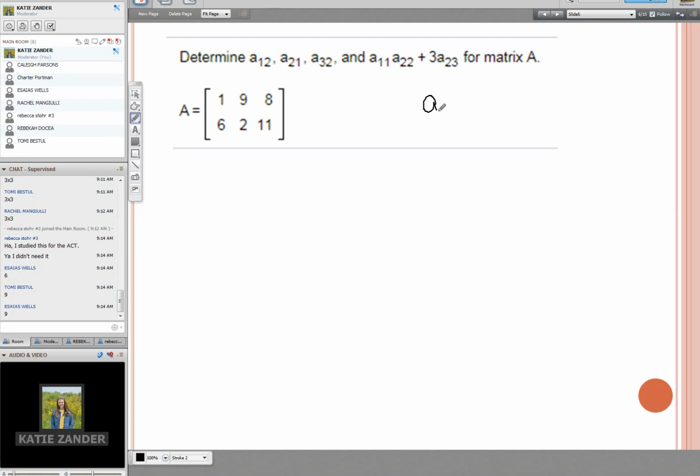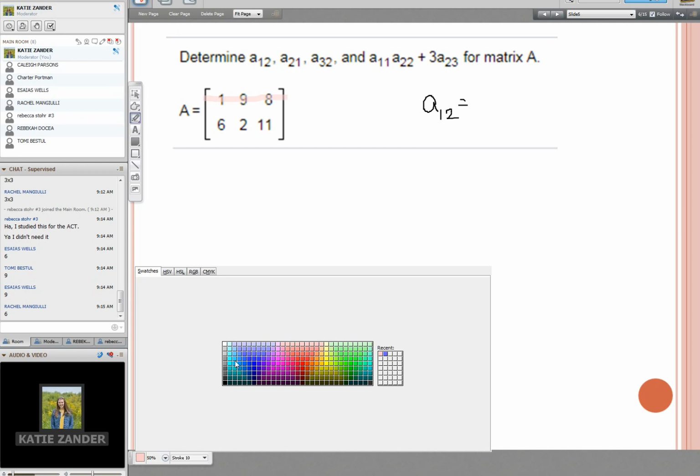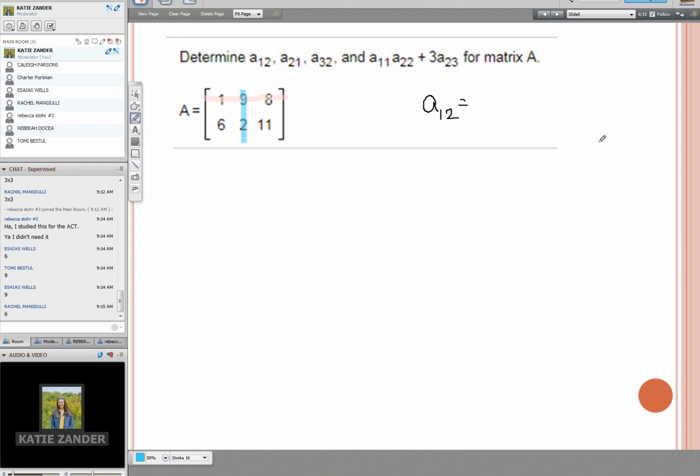Careful, row 1, column 2. Row 1 is this row right up here, and then column 2 is right here. So what's the only number that is the intersection of those? That's your 9. 9 is the element that is in row 1, column 2.